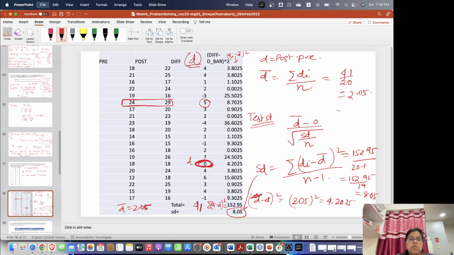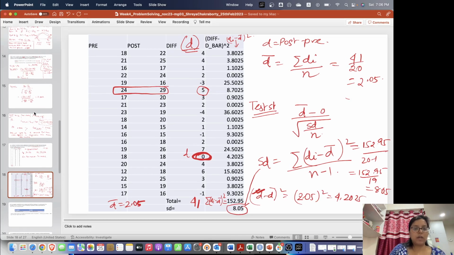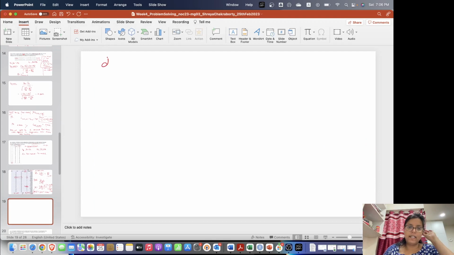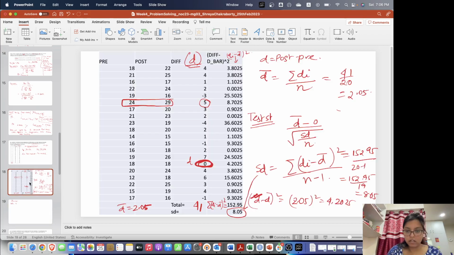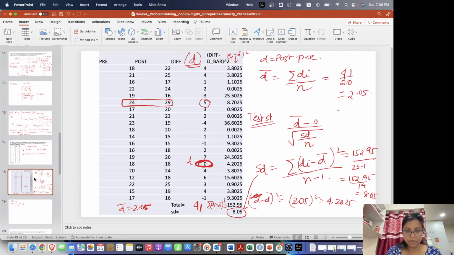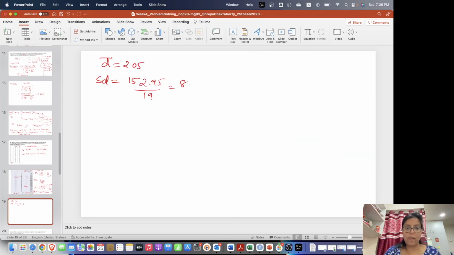Okay, so based on these calculations, now we have d bar as 2.05, SD square as, what was that, 152.95 by 19, that is 8.05.